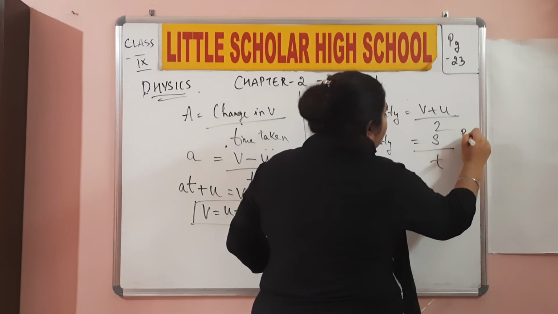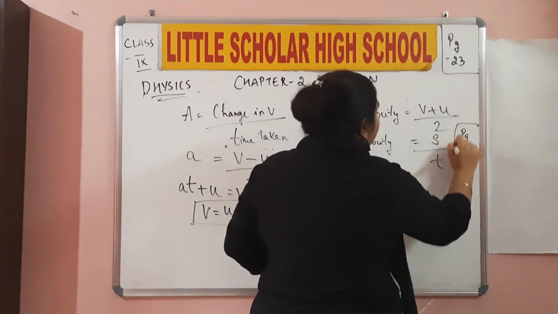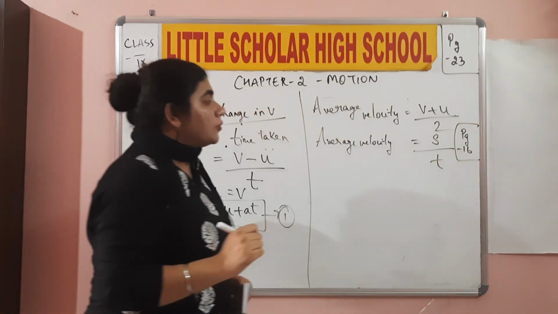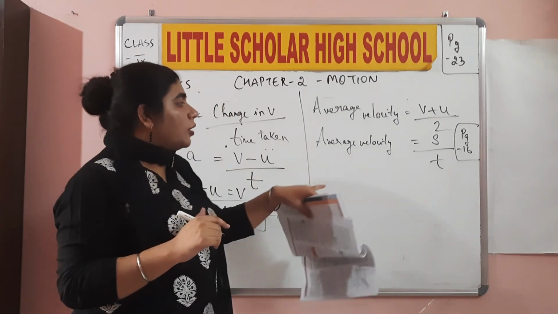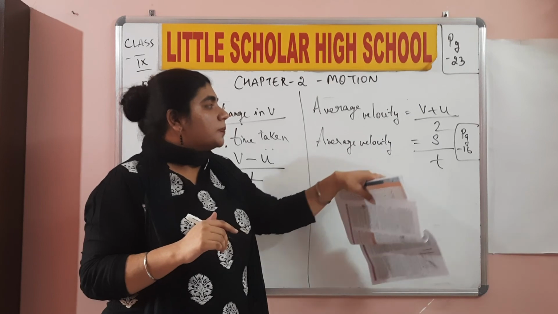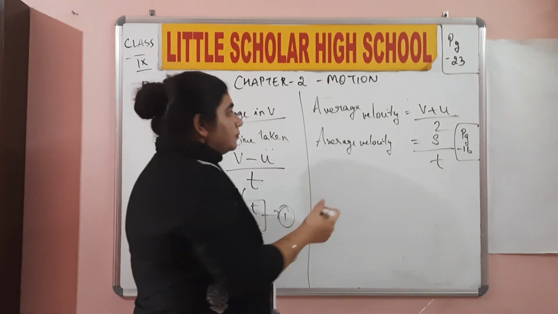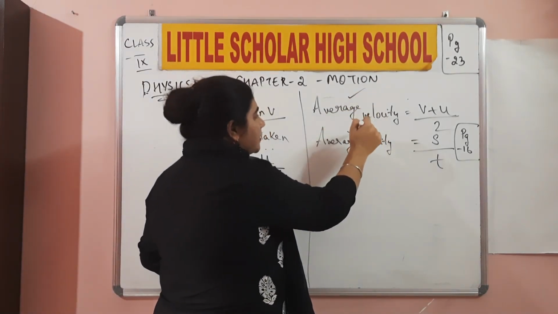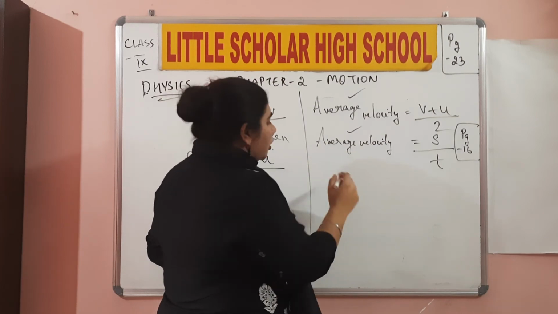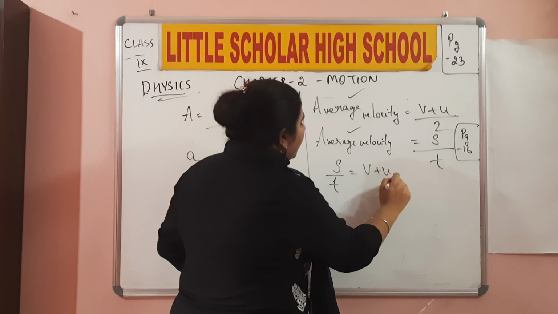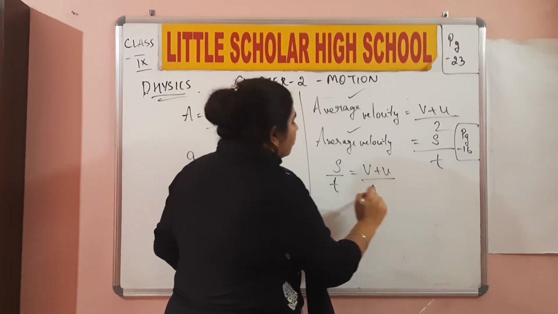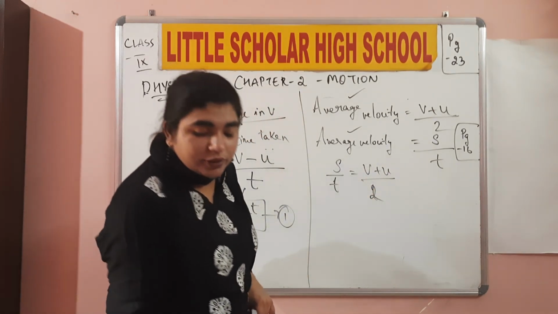I will write it over here, page number 16, so that you can refer to it and don't get confused about where the teacher got displacement by time. We know that the left hand side of both these equations is the same, so we can write s by t is equal to v plus u by 2. Everybody clear with this?